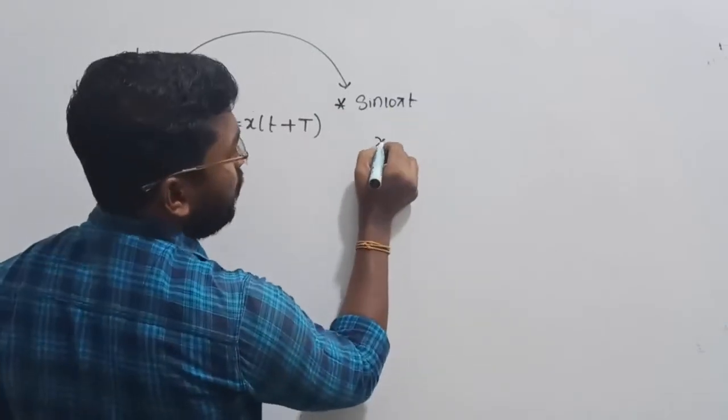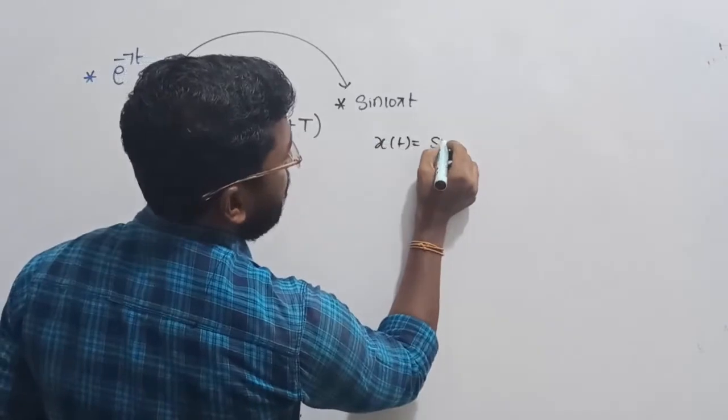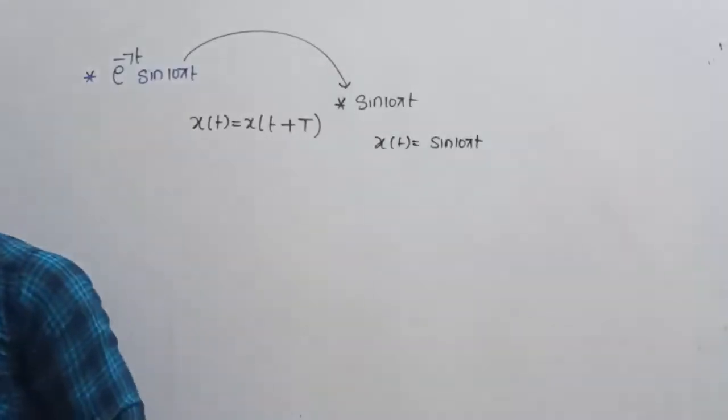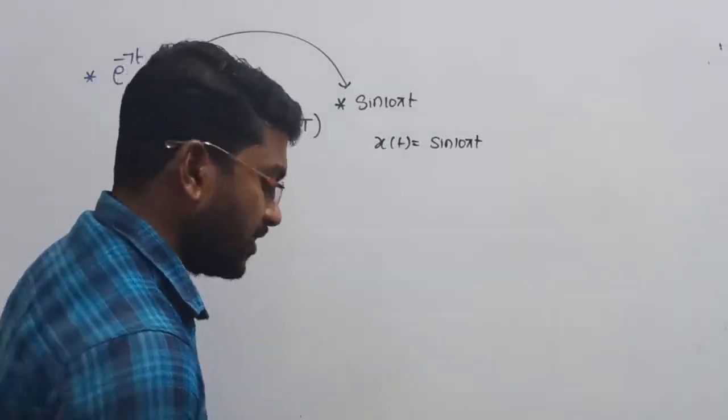For example, x of t is given as sin of 10 pi t. Now, I am just checking this condition.